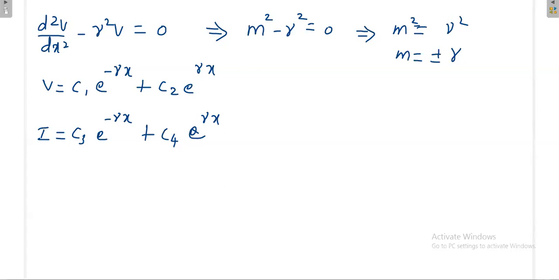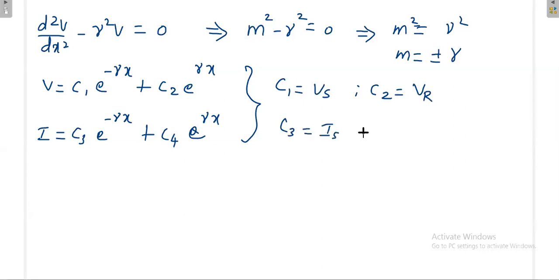C2 is the voltage present at the load end, the receiving end, so C2 is VR. Similarly, C3 is the current present at the sending end, IS, and C4 is the current present at the receiving end. It has to be like this, because you are writing voltage and current, so finally there should be voltage only on the right hand side also.